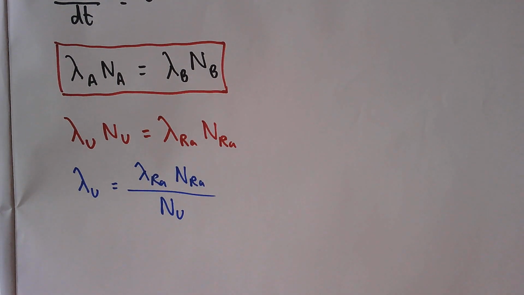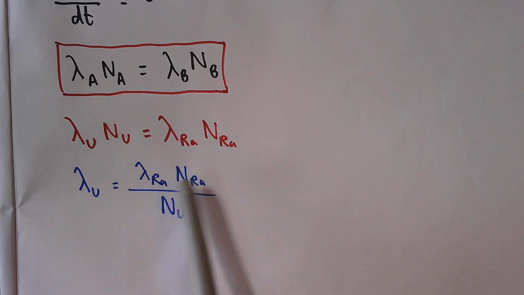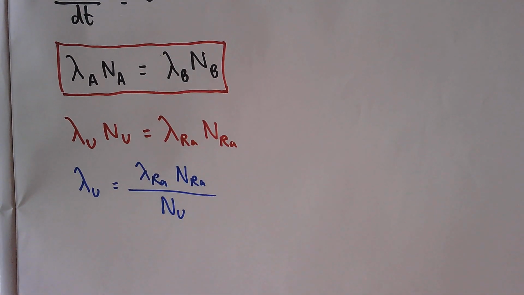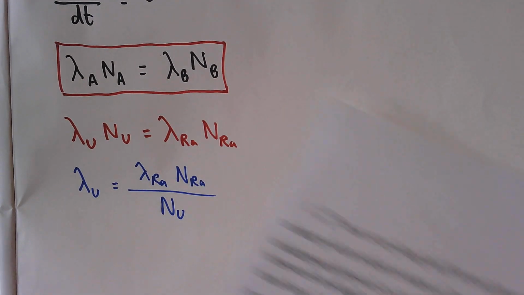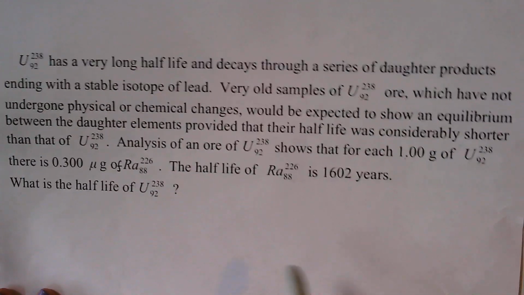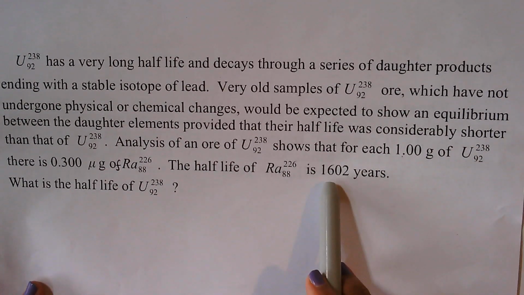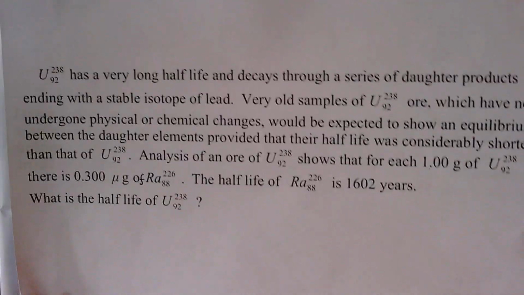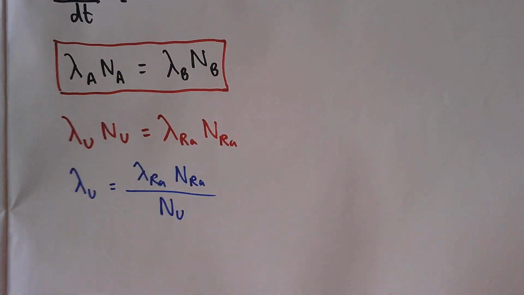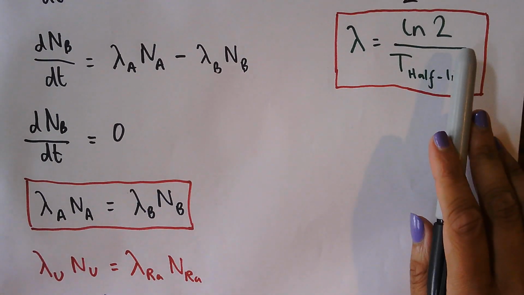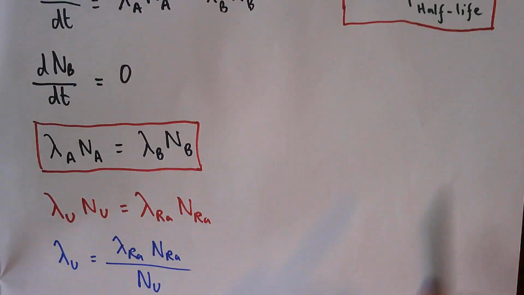Okay, so we can work out the values of lambda Ra, N Ra and N U, because the question gives us the value of the half-life of radium. It was 1,602 years. And we have the equation lambda equals ln2 over t half-life.